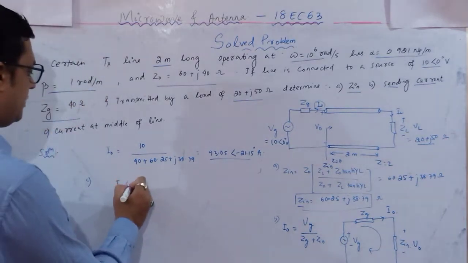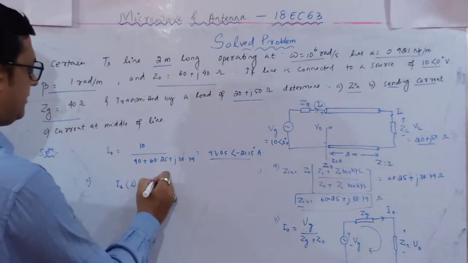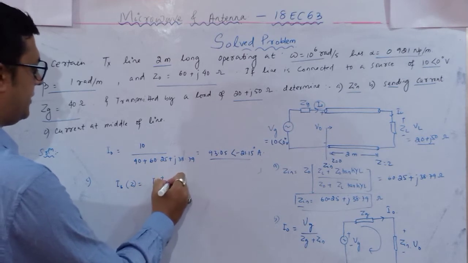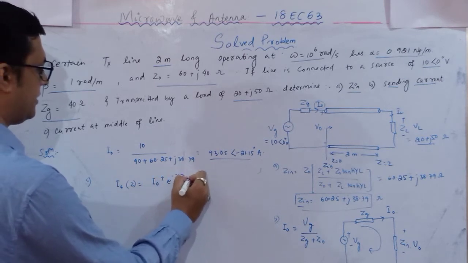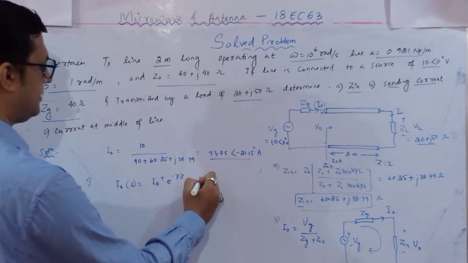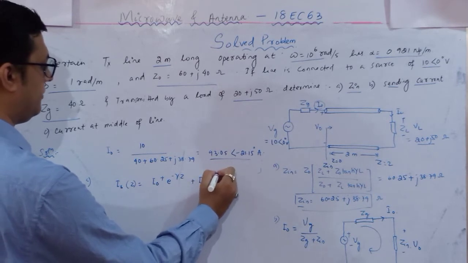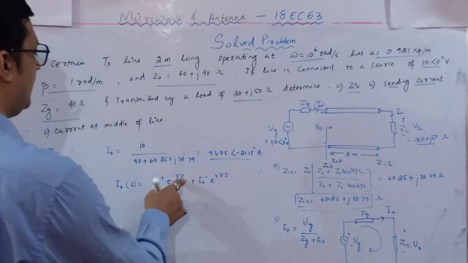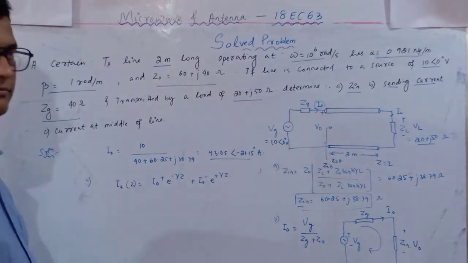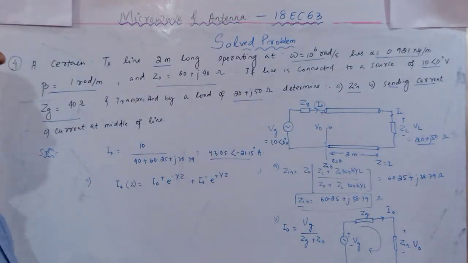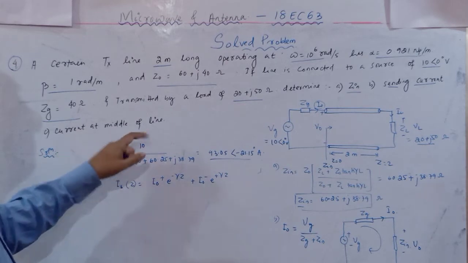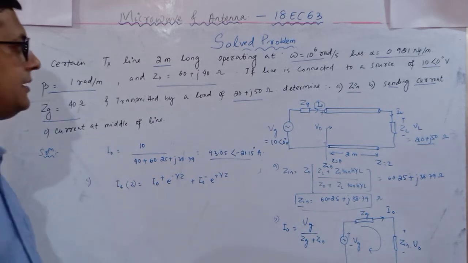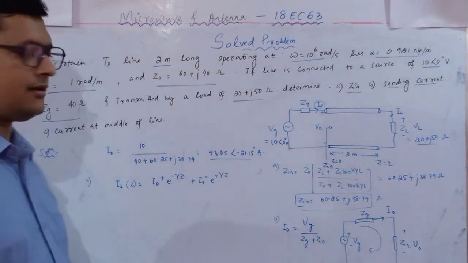As we know, Is(z) equals I0+ e^(-γz) minus I0- e^(+γz). Here z is equal to 2 because the total length is 2, and here we have to calculate at the middle of the line. Middle of the line means at a distance of 1 meter.